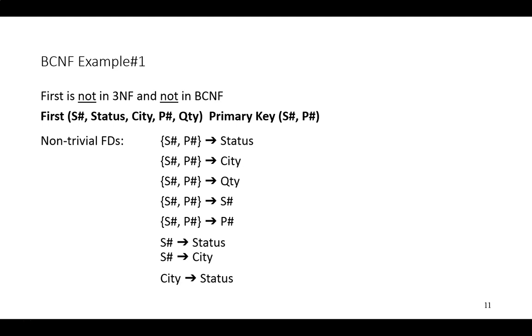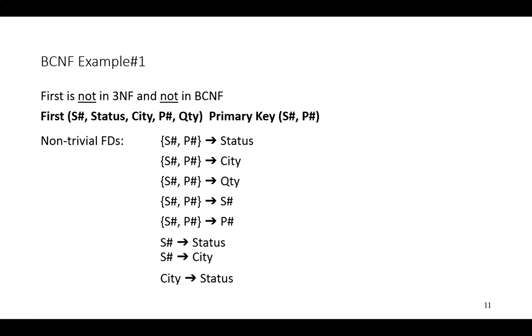In this example, we have a table or relation named first, and we tell you that our assessment is it is not in third normal form, nor is it in Boyce-Codd normal form. The table or relation consists of the attributes of S number, status, city, P number, and quantity.